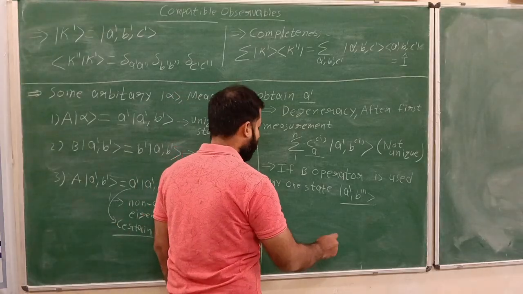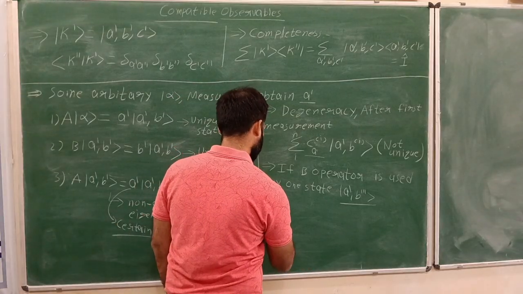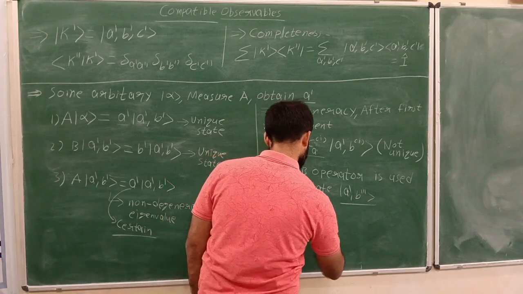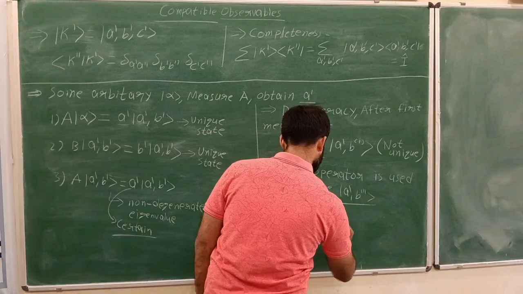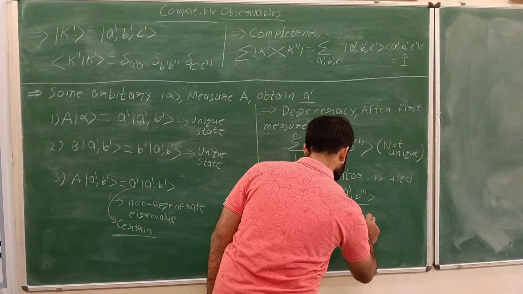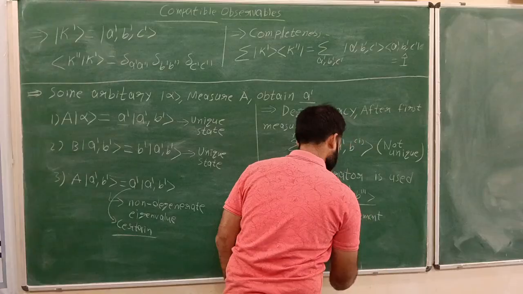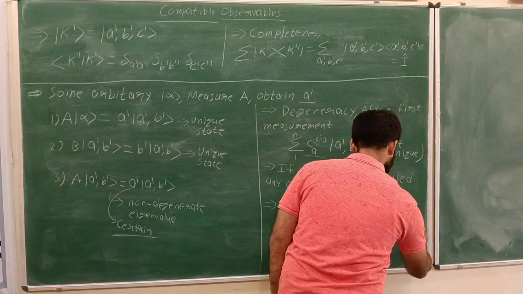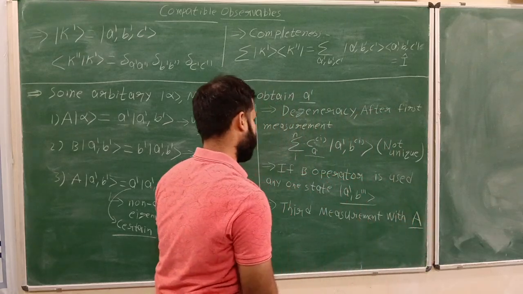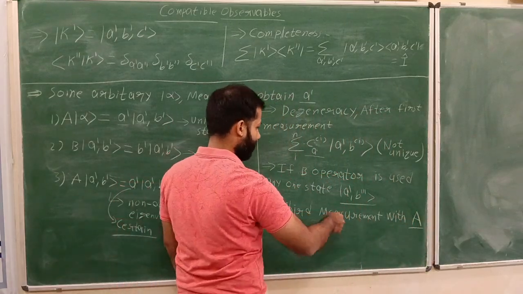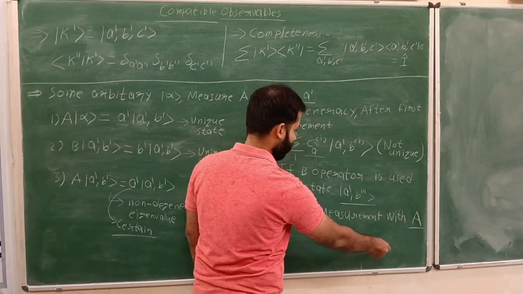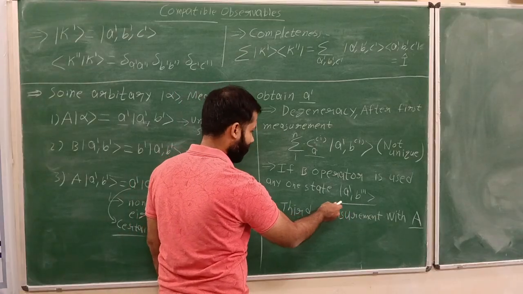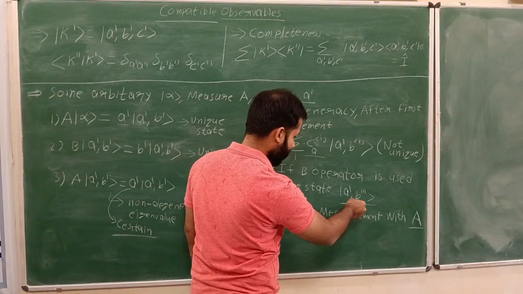Then a third measurement is performed. On this state I'm doing the third measurement with operator A. This is again a simultaneous eigenstate of operators A and B.